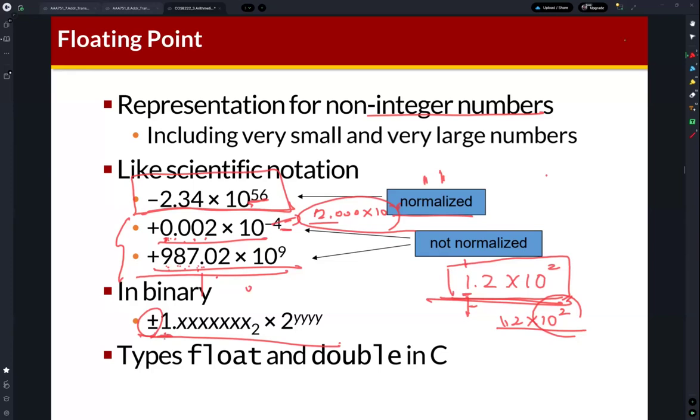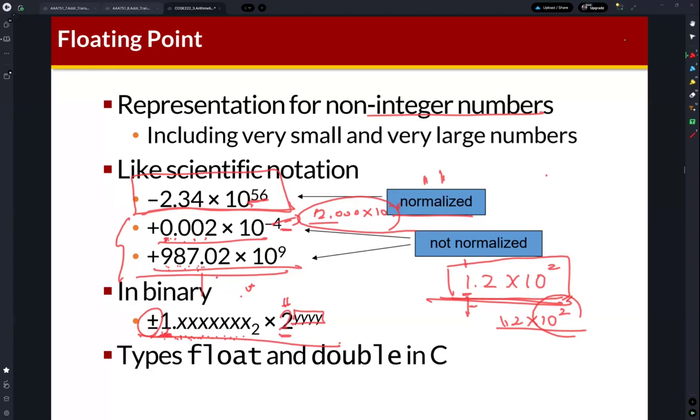So in the normalized form, it cannot start with 0, right? So the first number is always 1, and then there are multiple numbers, right? And then this is the binary number. So actually the base is 2, right? So 2 to the power of some number.